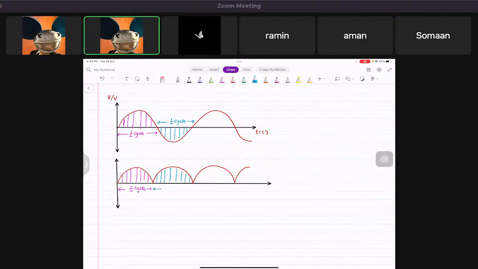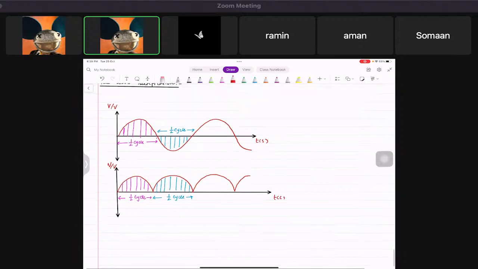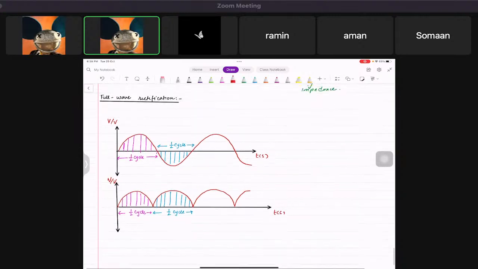That's just the half. When we achieve to get them both back, this is now a full wave rectified voltage. Is it clear, everybody? Any questions up till here?